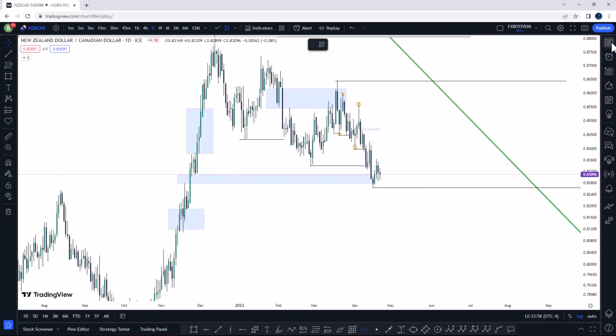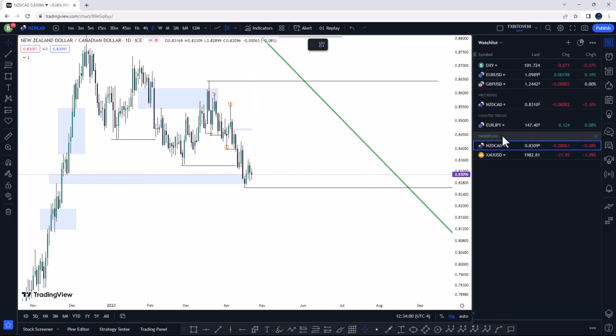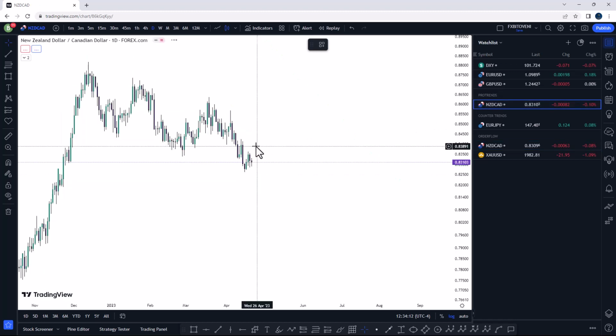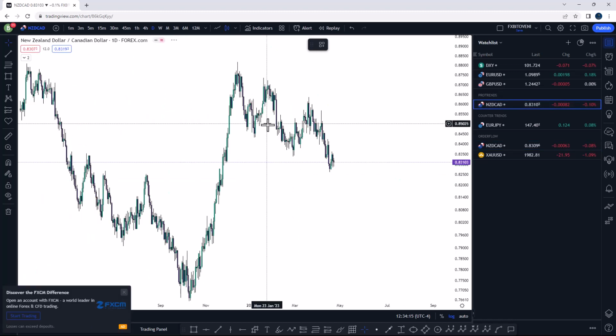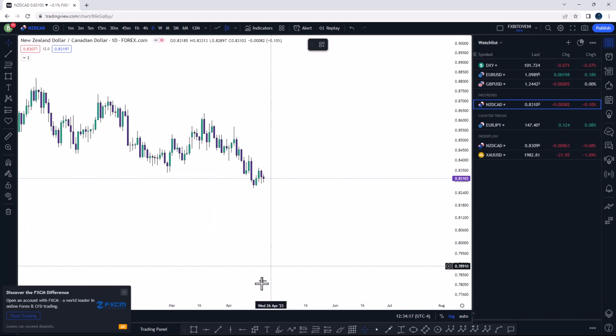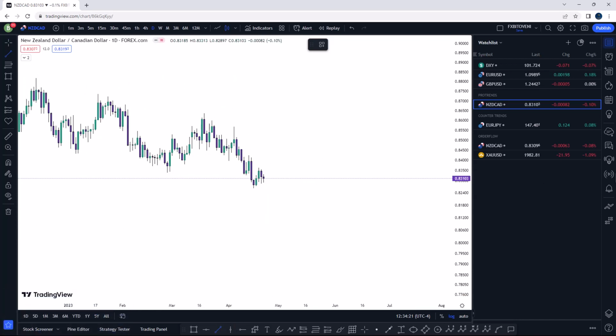As you can see on my TradingView, I have a zone called the order flow on NZDCAD, right? But here I have NZDCAD, of course, a pro trend setup when we have a pullback here. I do not have to mark everything I did on my order flow zone.